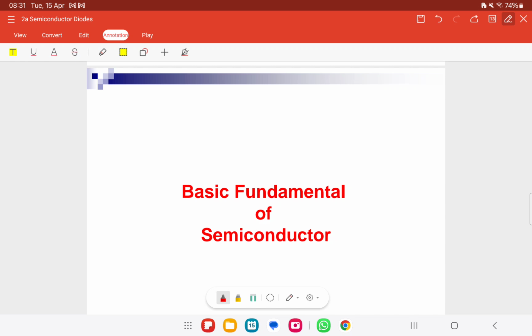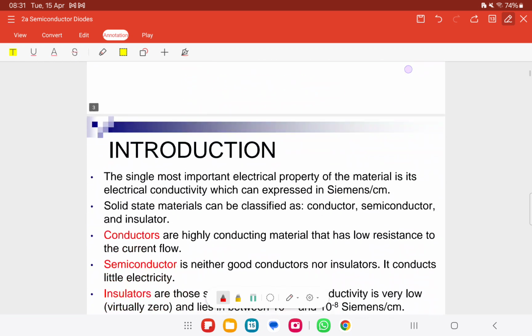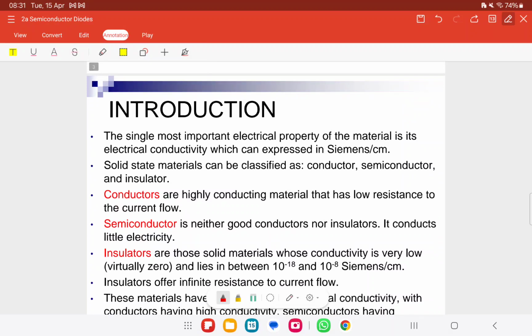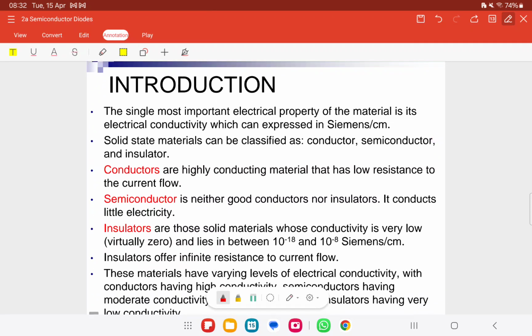Okay, alright. For the semiconductor, actually we have 3 types in the syllabus that we will cover. We have 3 types of adik-beradik lah, types of the semiconductor. We have the conductor, the semiconductor that we will focus on, and also the insulator.